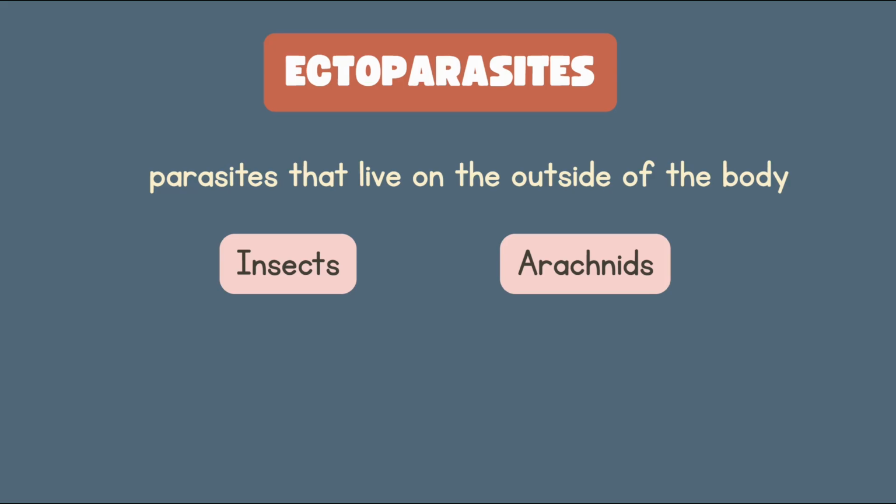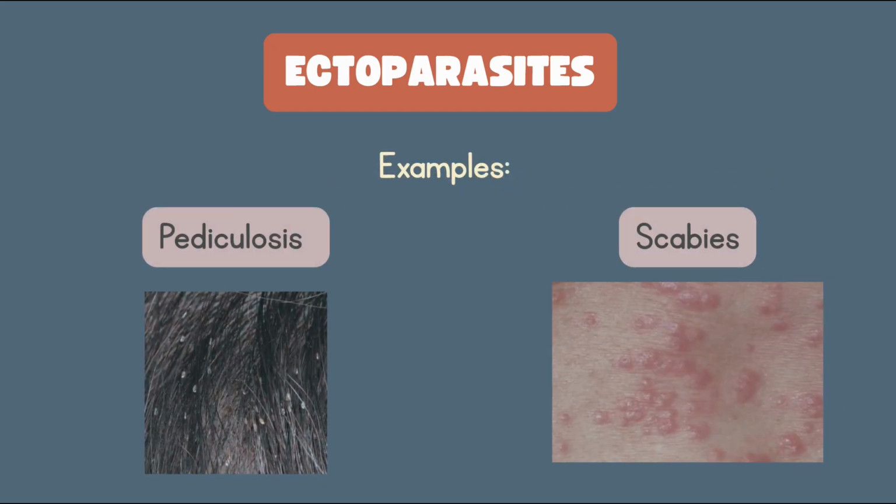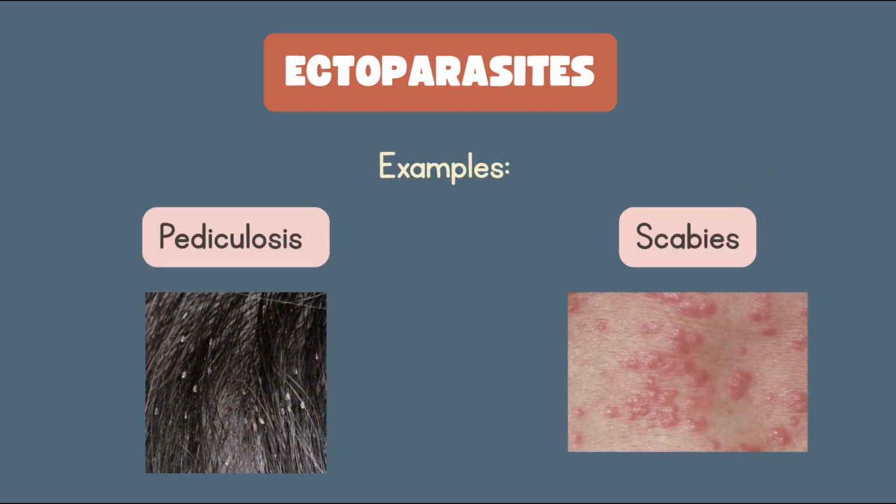Now, as we said, we call infections by ectoparasites infestations. So, infestation of the skin by arthropods leads to excoriations, and excoriations just basically means skin scratches or abrasions that are caused by excessive scratching due to itching. We have two examples of infestations caused by ectoparasites or arthropods, and those are pediculosis and scabies.